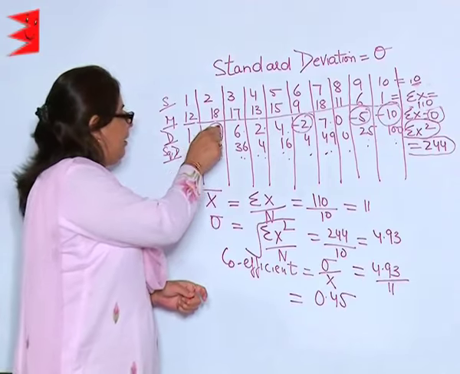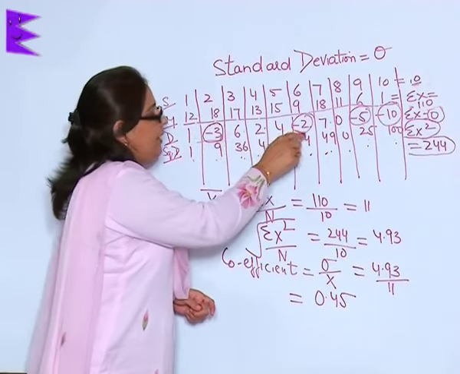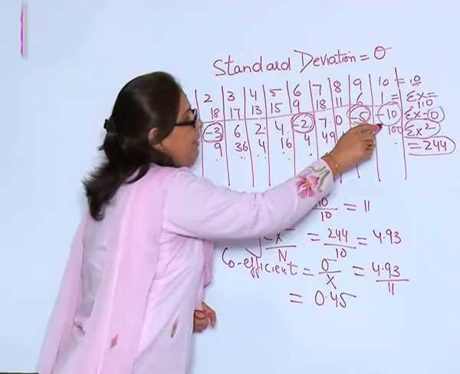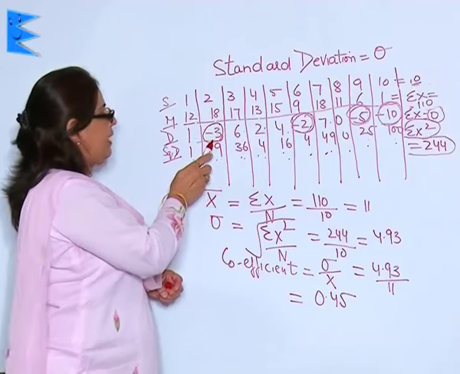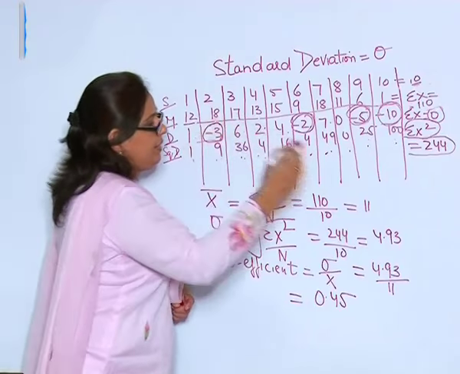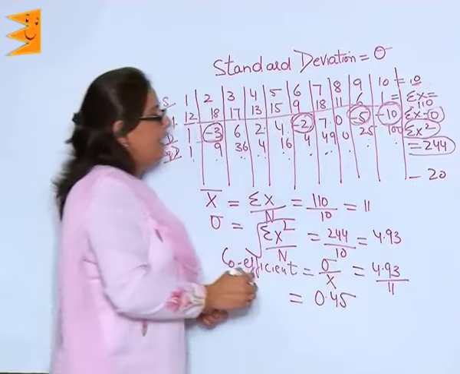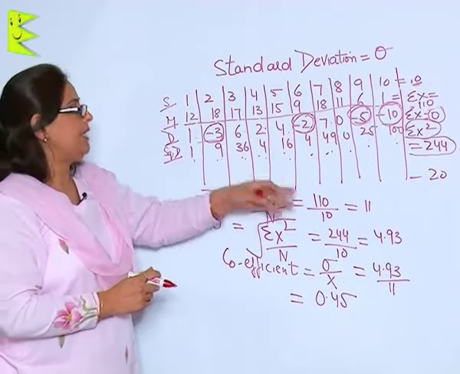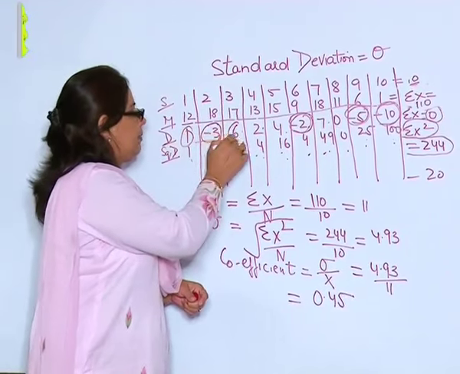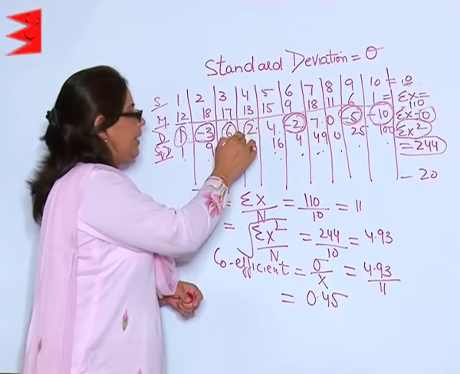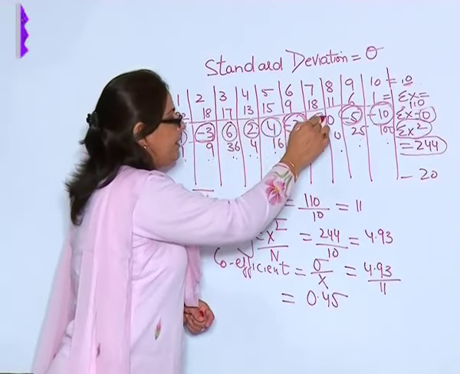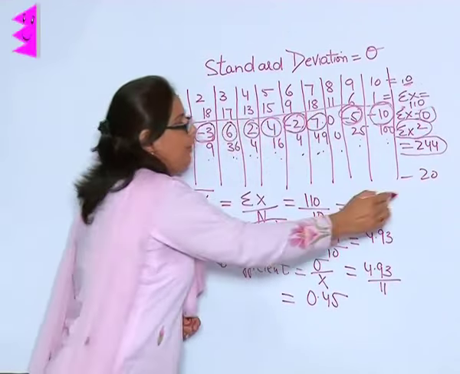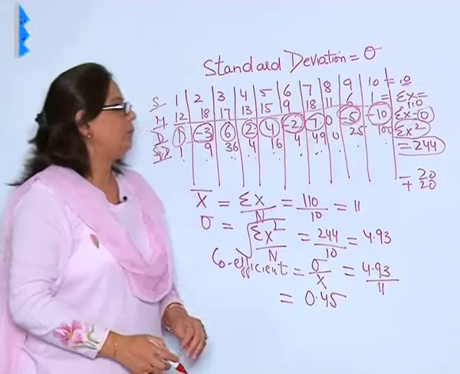The negatives are minus 3, minus 2, minus 5 and minus 10: 10 plus 5 is 15, plus 2 is 17, and plus 3 is 20. So the minus total is 20. That means in the positives also we must have 20: 1 plus 6 is 7, plus 2 is 9, plus 4 is 13, and plus 7 is 20, which becomes plus 20, which means I derive the sum of deviations as 0.